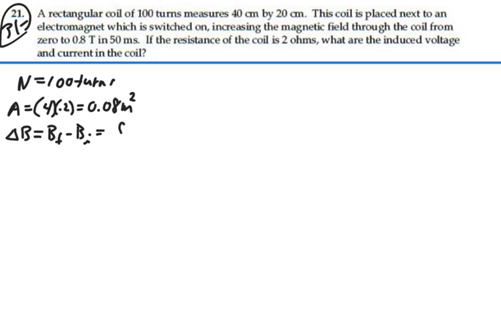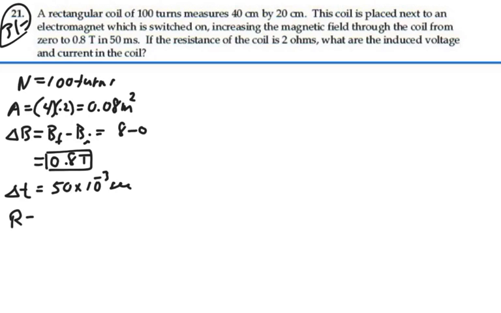It's going to be 0.8 minus 0, or 0.8 Tesla. And our change in time is going to be 50 milliseconds. And the resistance of the coil is 2 ohms. So a lot of things given.